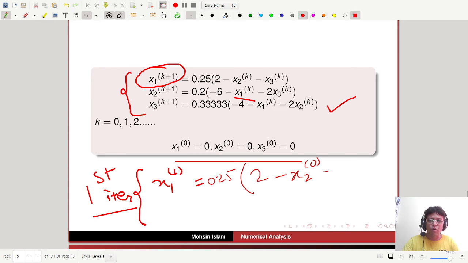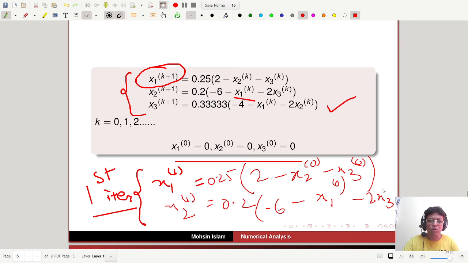Because k is 0 initially, the values are 0, so you are substituting these values and calculating. Then you can calculate x2(1) equals 0.2 times (6 minus x1(0) minus 2x3(0)).